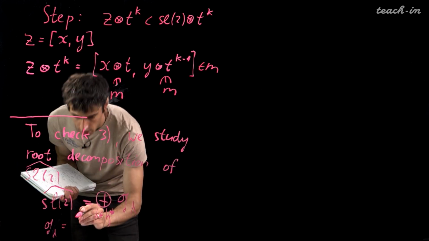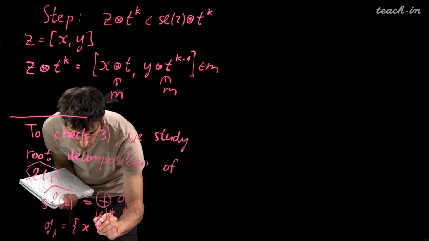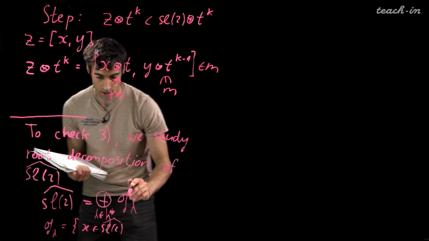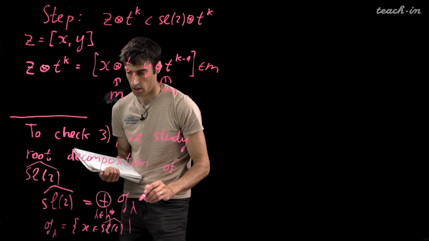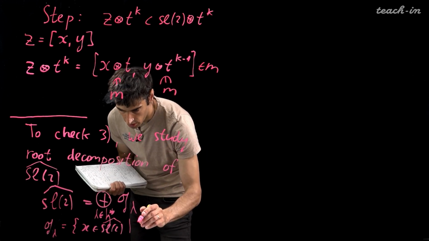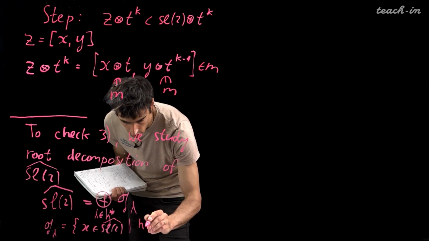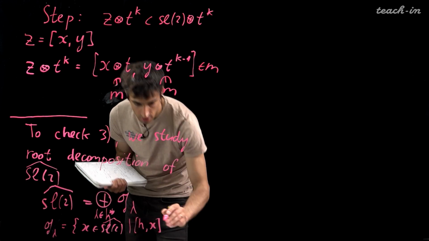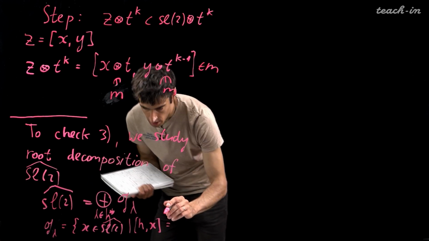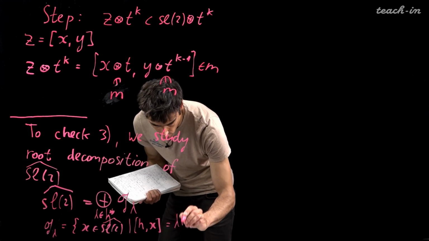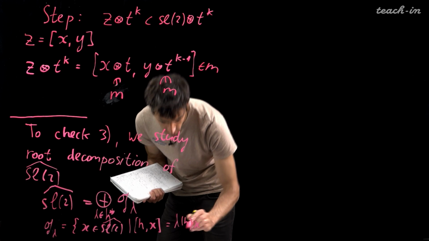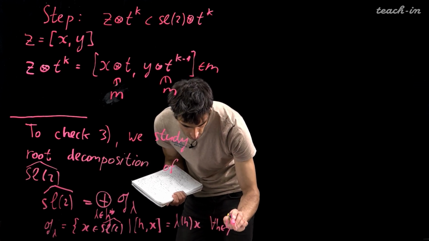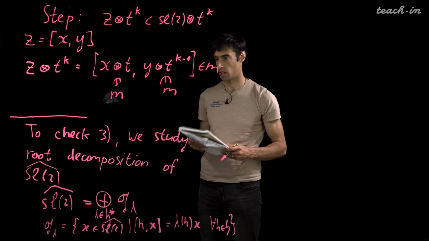So this is all elements X from SL2 hat such that the commutator of H with this X is just lambda of H times X for every H from H. Okay.